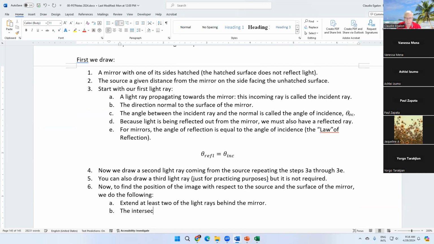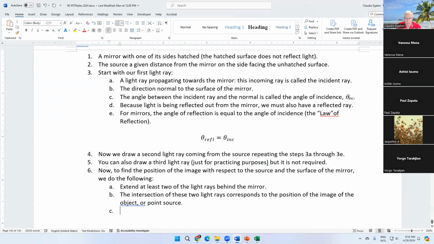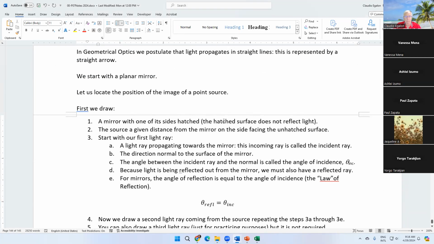The intersection of these two light rays corresponds to the position of the image of the object, or point, in our case, the point source. We're doing this for a point source.